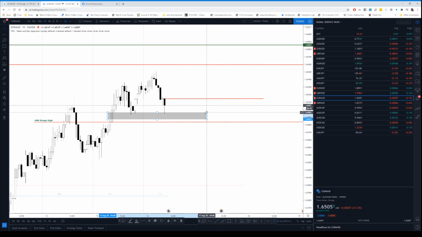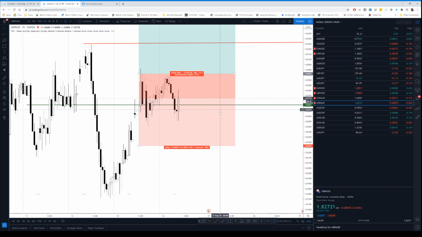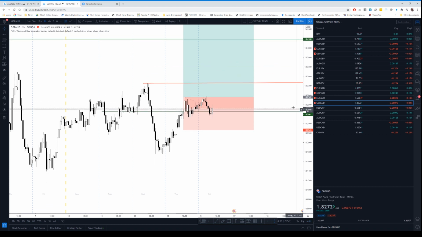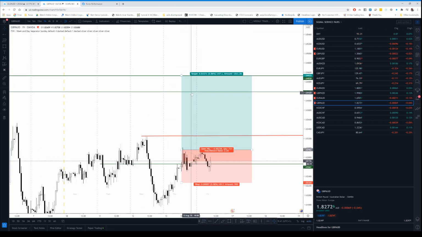But wait for that to form, don't just jump in. On this one, I did mention, if you are bold and you want to believe the manipulation, then you buy where we are with a stop there, and then we look for upside objective.